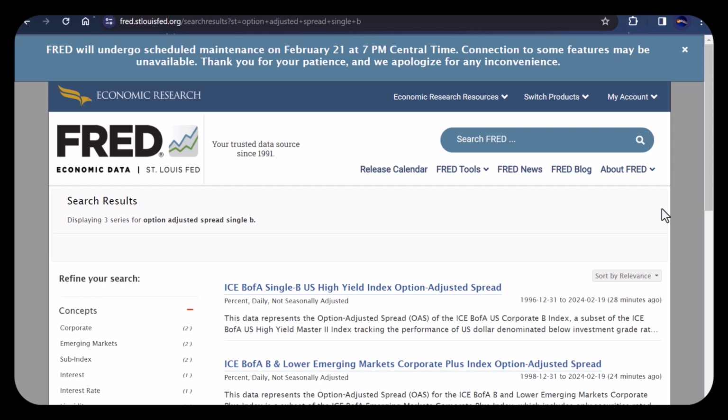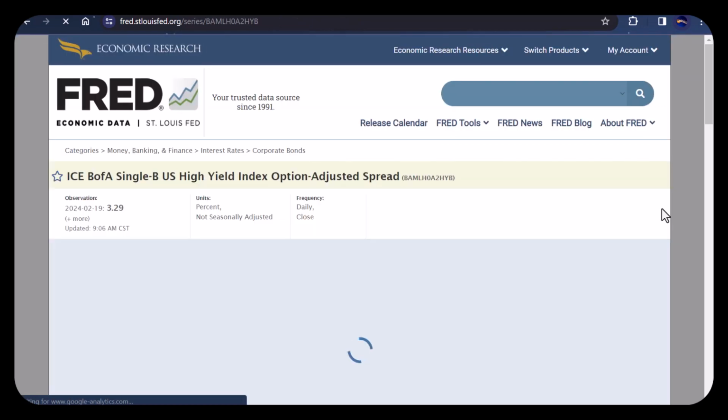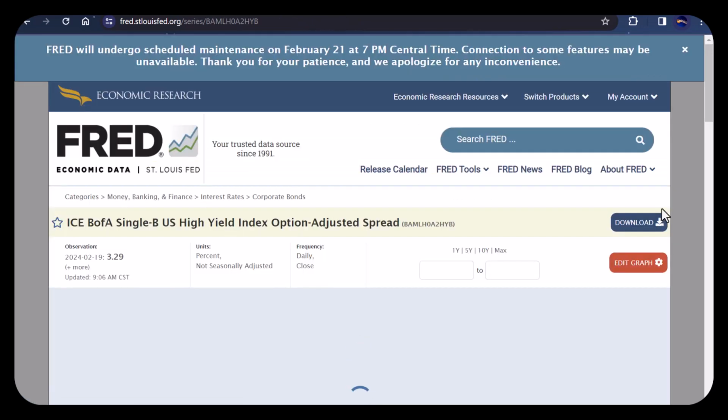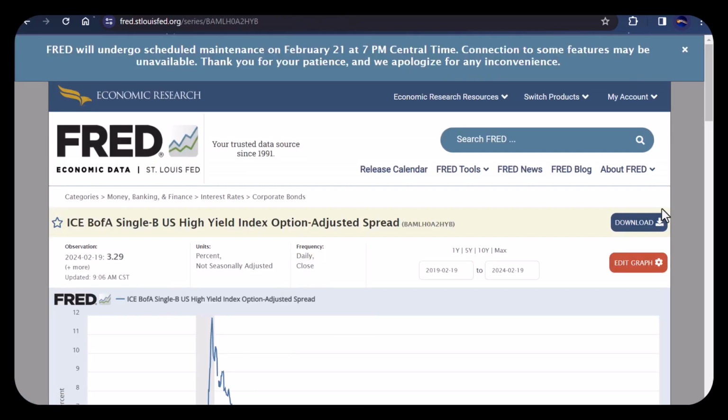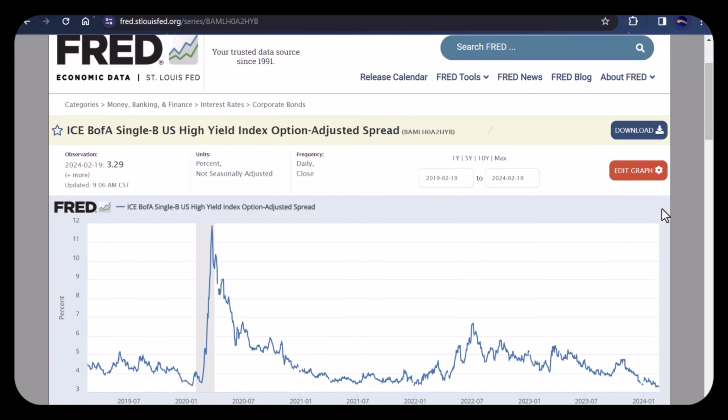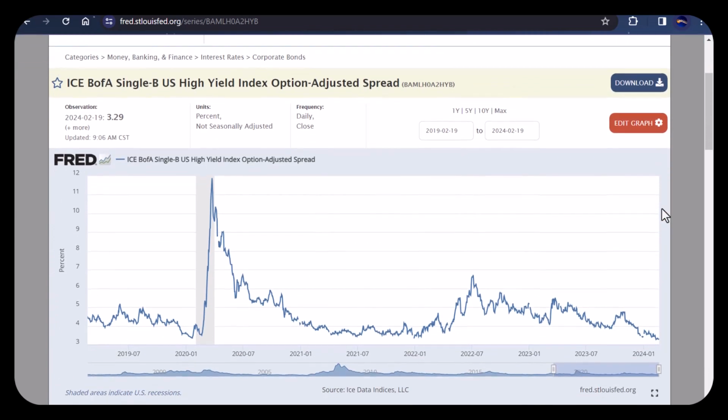Again, at this level, you're not going to worry about that. If this was a graduate class, I would have taught you how to do that. It's actually even less than that. 329 is the current option adjusted spread on single B bonds.